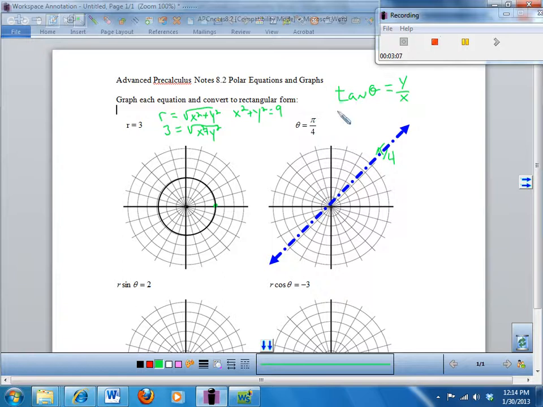And so we know in this case that theta is pi over 4. And we know that the tangent of pi over 4 is equal to 1. And that's got to be equal to y over x. So multiplying both sides by x, I get that y equals x.